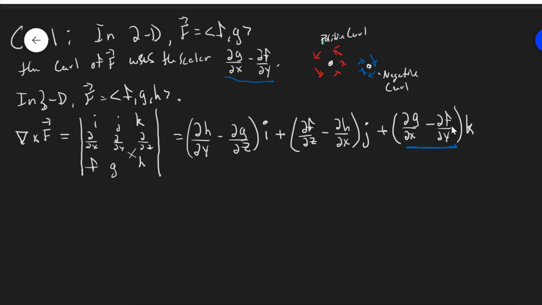So this term measures rotation about the z-axis. That's in 2 dimensions. That was the only kind of rotation we could have, and that was given by these 2 situations. This one, the second one, this is in the J direction.